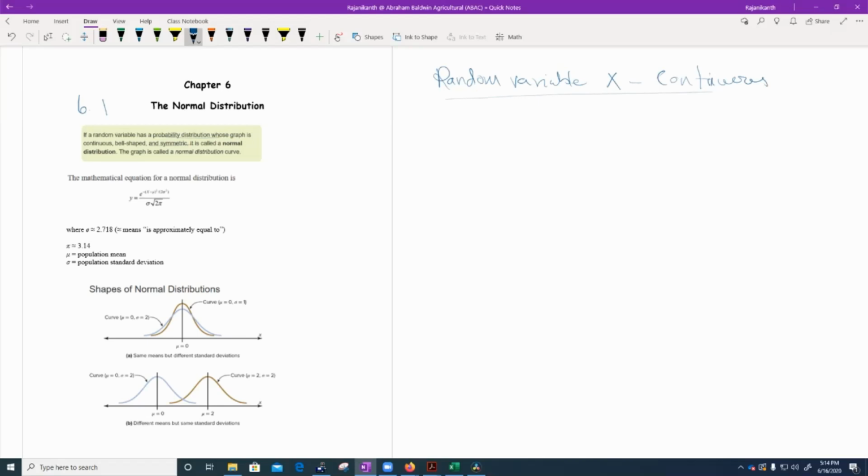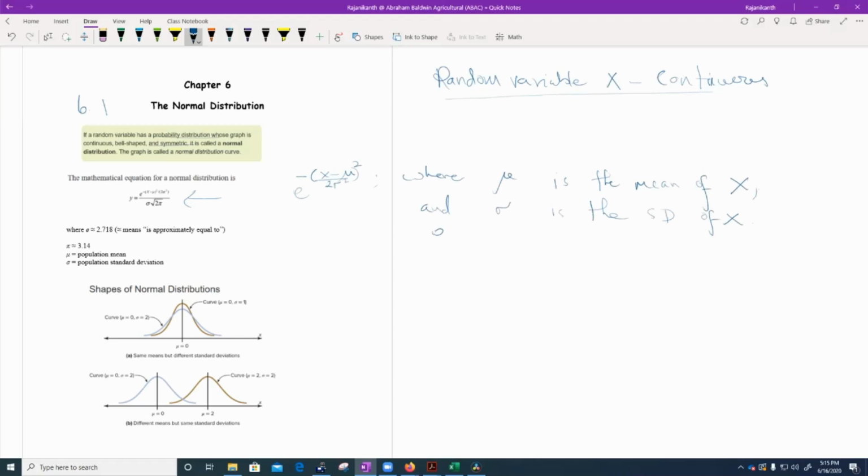The equation of the normal distribution is given by y equals e to the power minus (x minus mu) whole squared over 2 sigma squared, where mu is the mean of the random variable x, and sigma is the standard deviation of the random variable x.